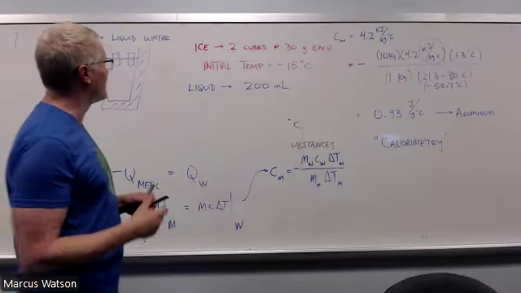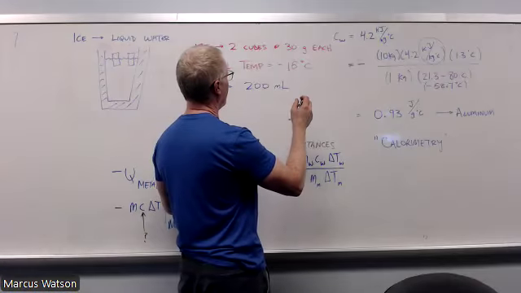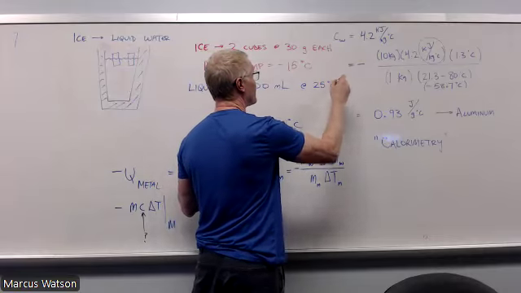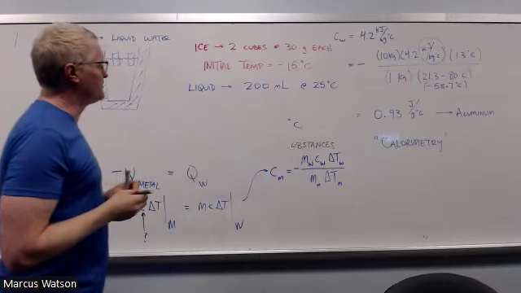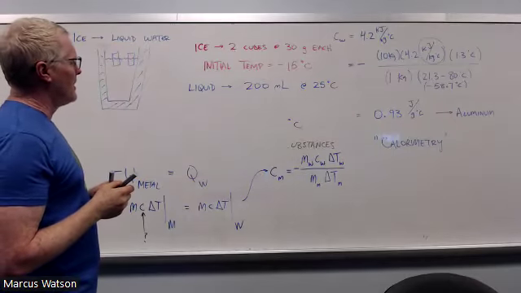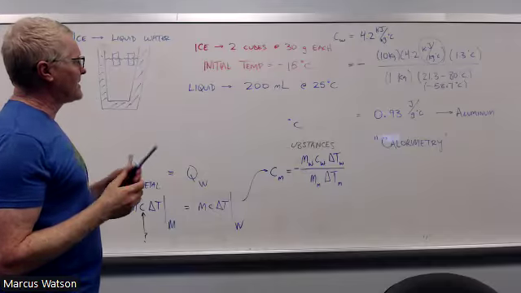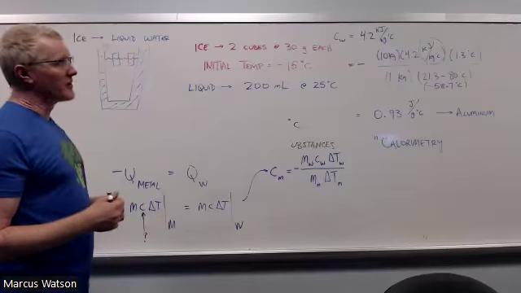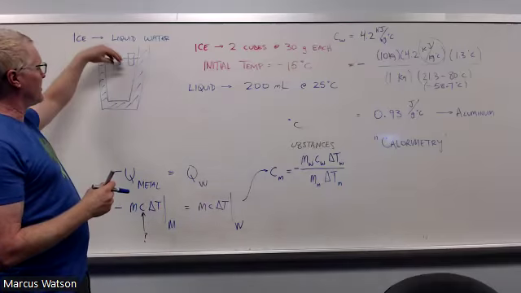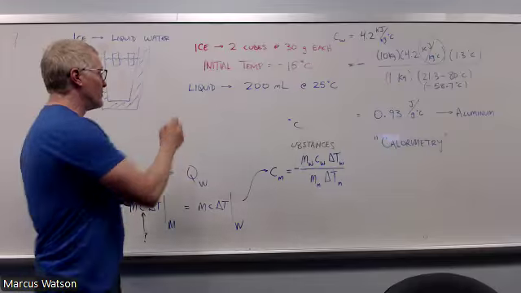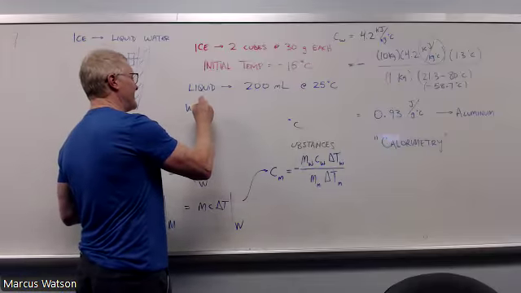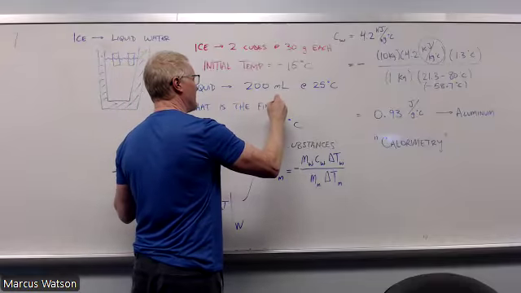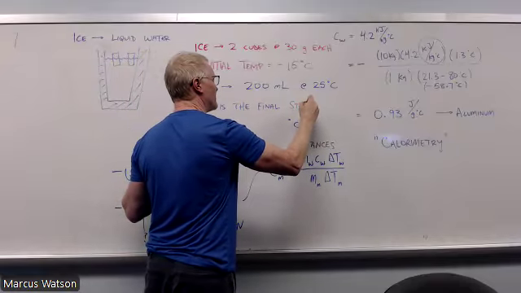Anyways, suppose we have 200 mils, and let's suppose it's at 25 centigrade. And once again, we know the specific heat of the liquid. The question is, when we put ice into here, really, what's the final state? We have to try and deduce what is the final state of the ice and liquid mixture.